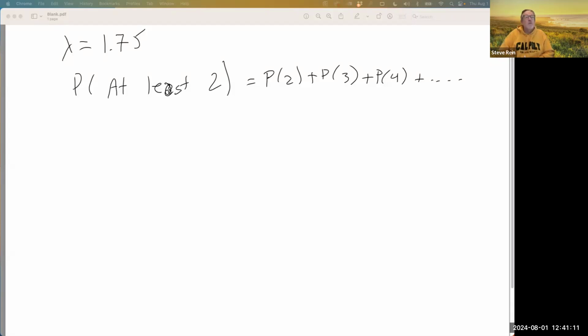And the cleverer way is to note that in a discrete distribution, the chance of all of the possible outcomes sums to 1. So the probability of at least 2 is equal to 1 minus the chance of less than 2.